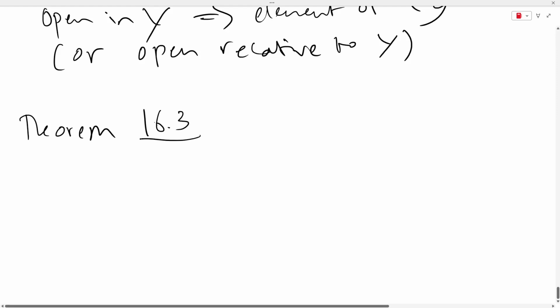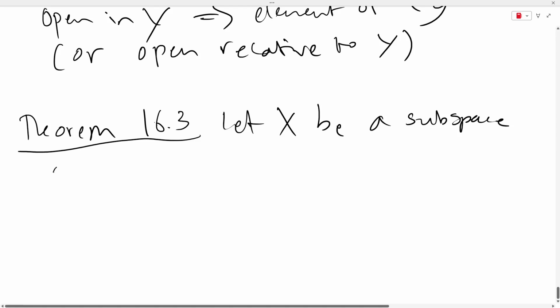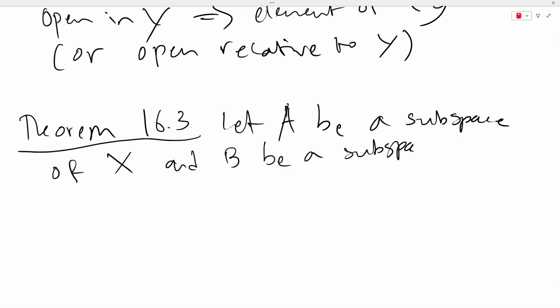Theorem 15.3: let A be a subspace of X and B be a subspace of Y.